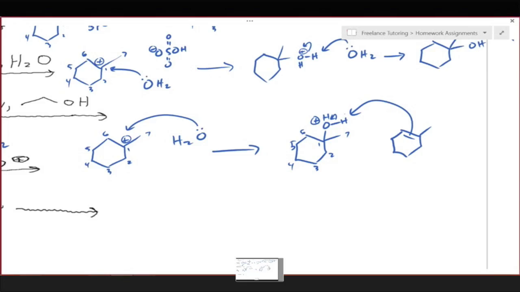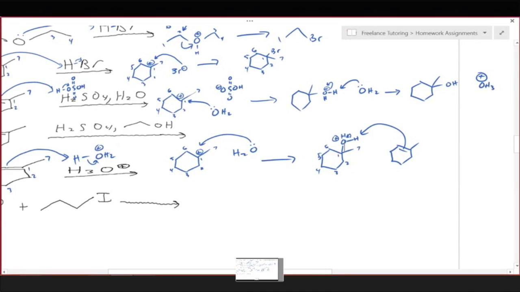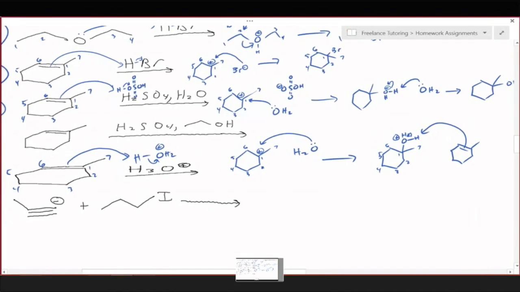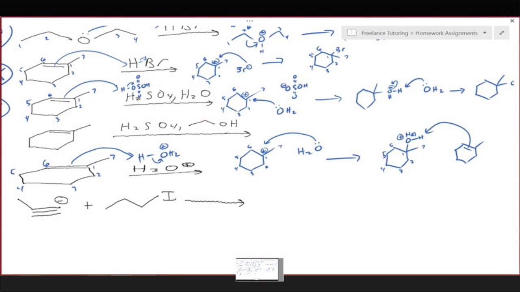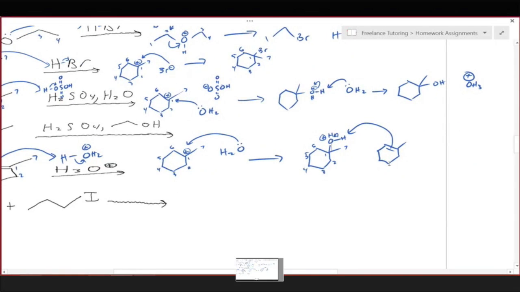So the problem here is you were having trouble finding the base. Well, maybe zoom out a little bit here. Who do you think is probably the solvent? What do you think is probably the solvent for this reaction? The solvent wasn't shown, but who's probably the solvent? The solvent here is probably water. Maybe that's really not obvious, but the solvent here is water, so that would be a better candidate.